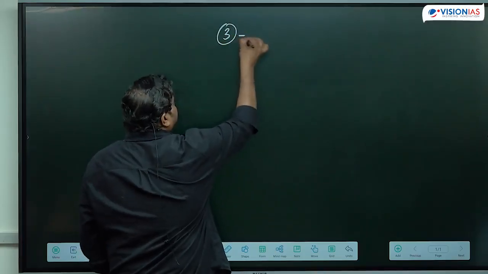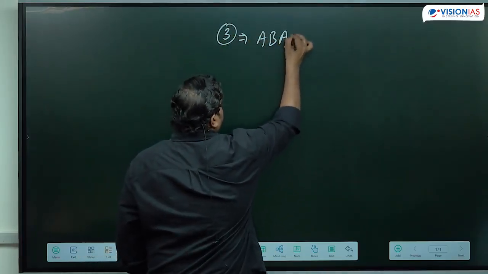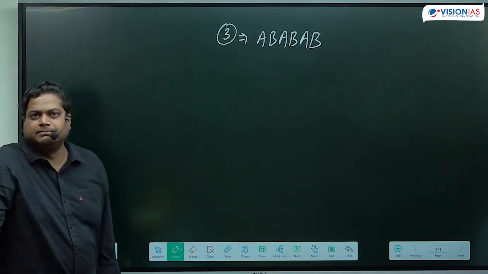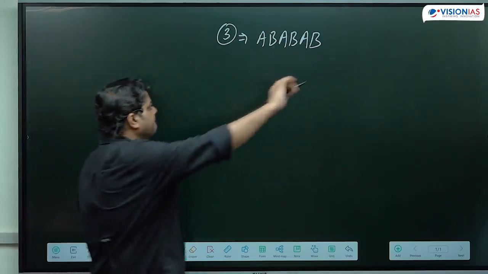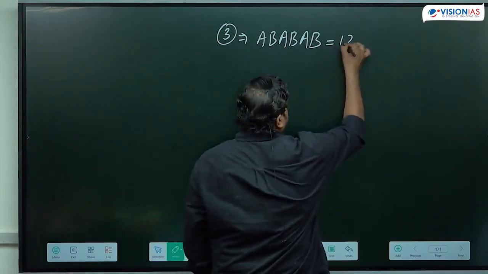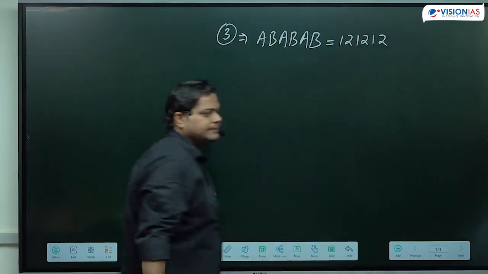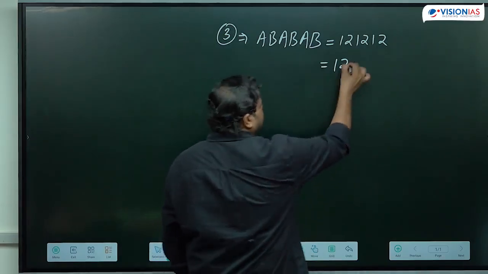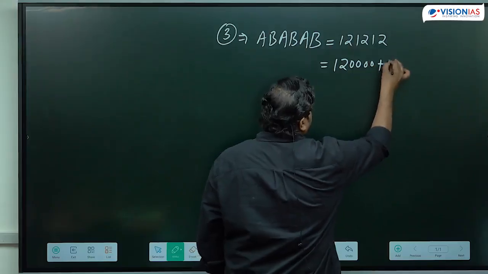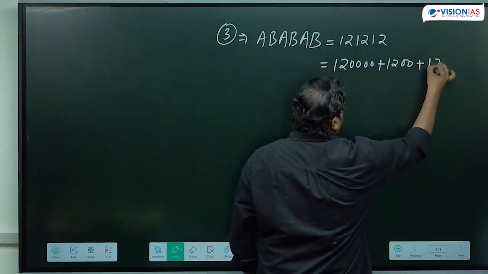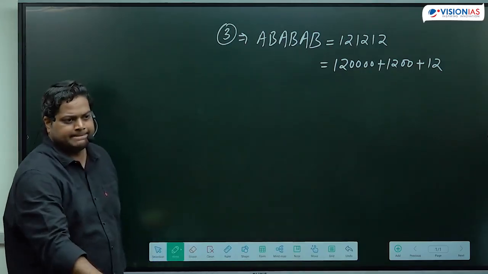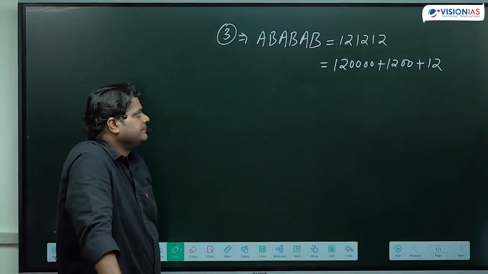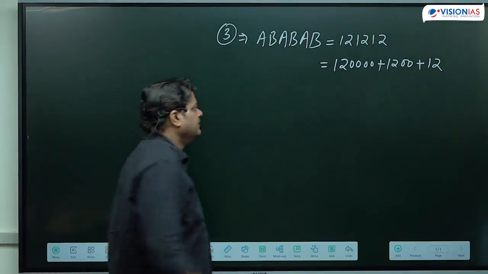We can take third form, AB AB AB. If in this form a number is written, then we can take one example. यहाँ पे क्या हो जाएगा? 1 2 1 2 3 4 plus this way we can write. ठीक है?